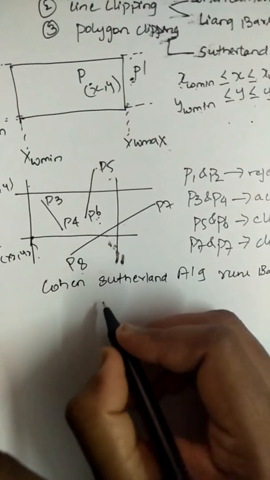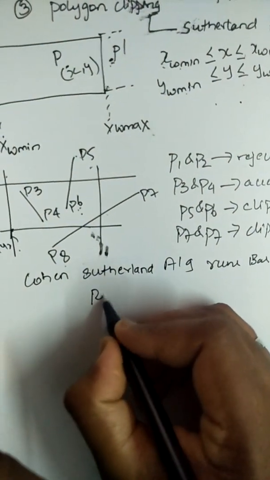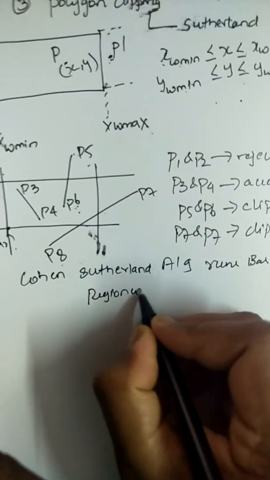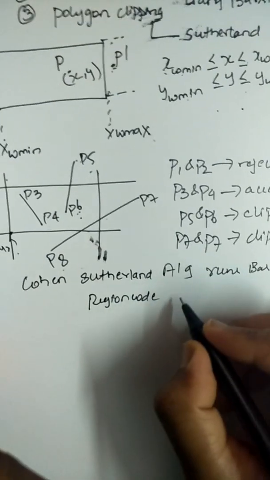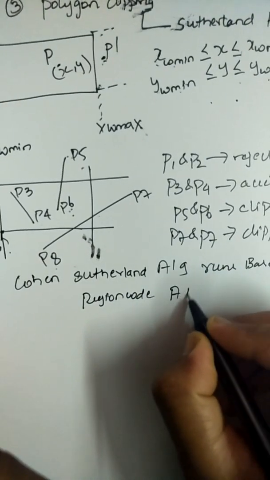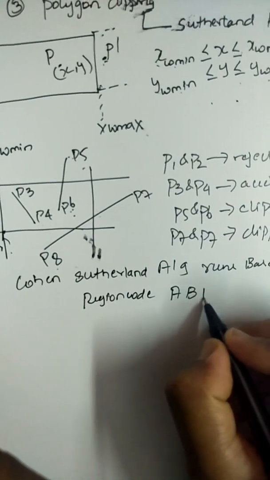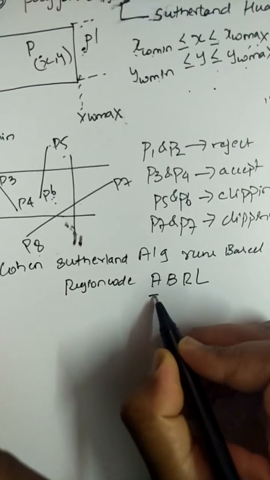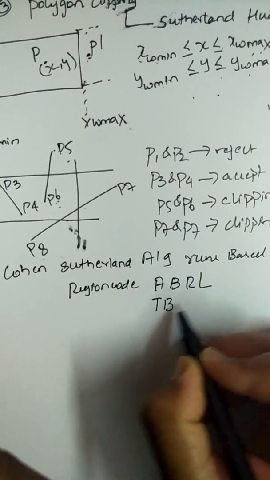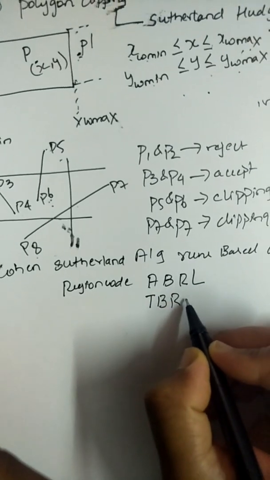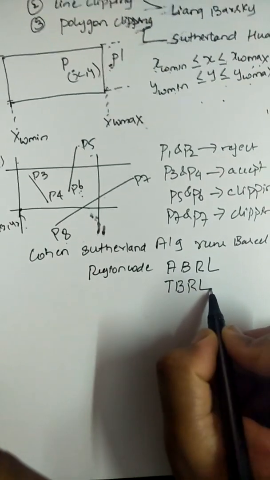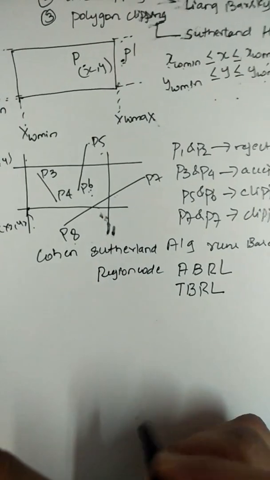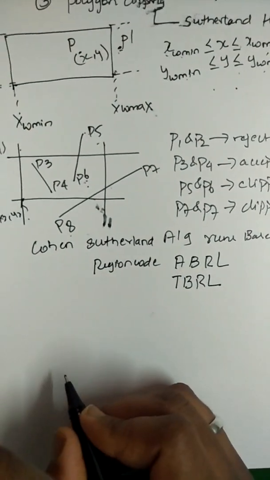Example, the region code could be above, below, right and left. Instead of above, you can replace it with top also. So I'll take it as above itself. So it's a 4-bit code.